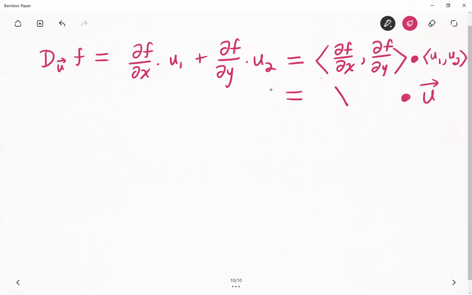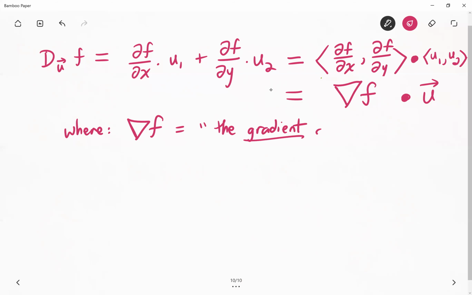They sometimes call this the gradient of f. And so this upside down triangle is sometimes called the gradient symbol. Sometimes it's read as del. And so this is the gradient of f, or I like to think of it as the vector of partial derivatives.